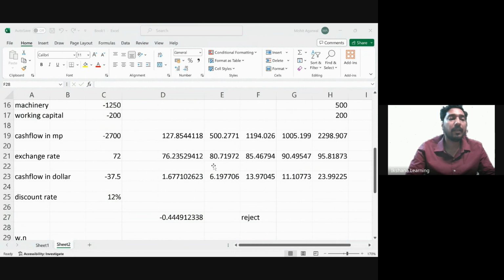So we will reject this project. Right, all of you? So like this, you will solve investment appraisal questions on Excel, which makes the calculation part very easy. You just have to follow the flow.